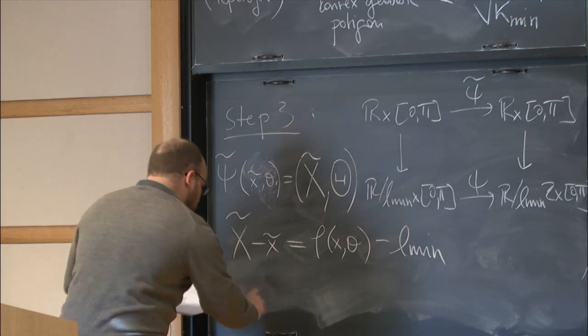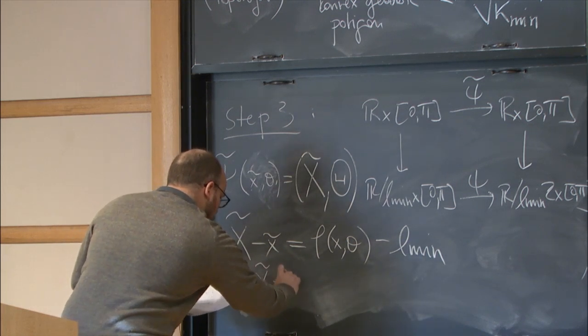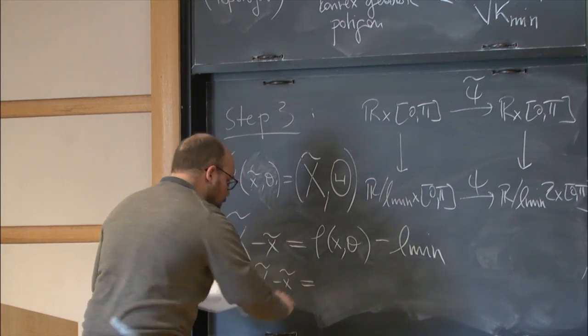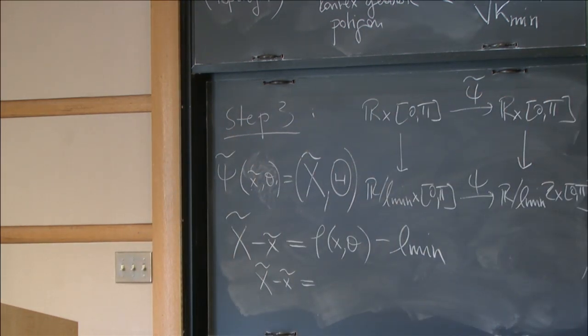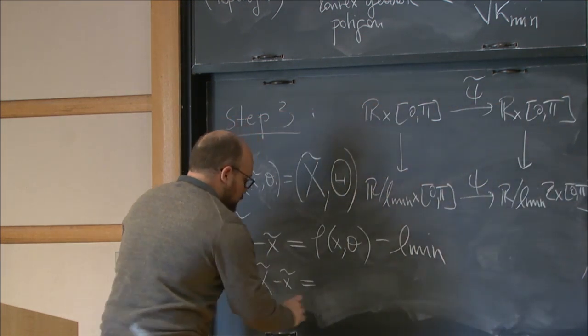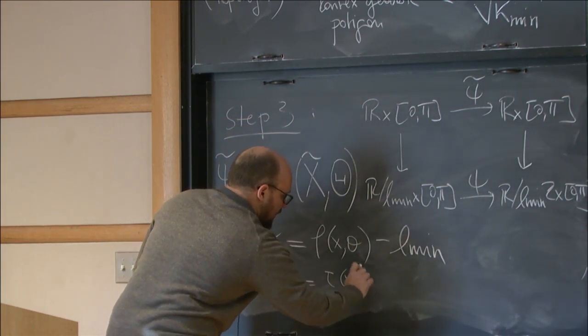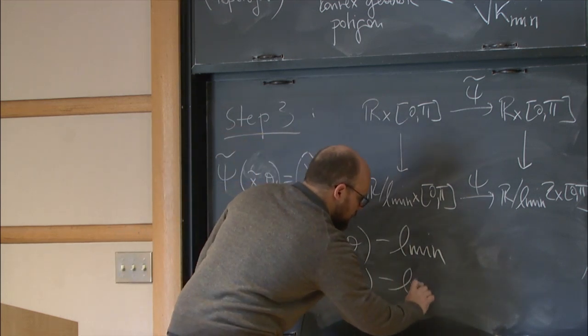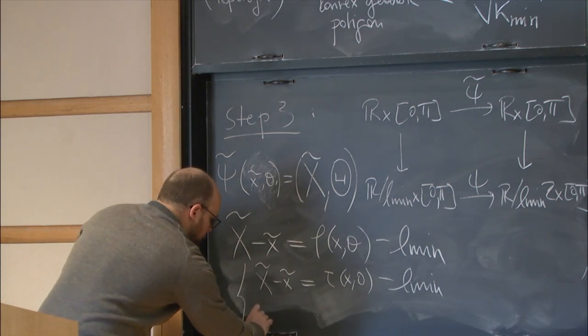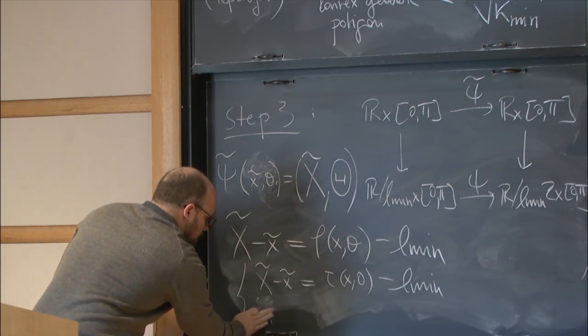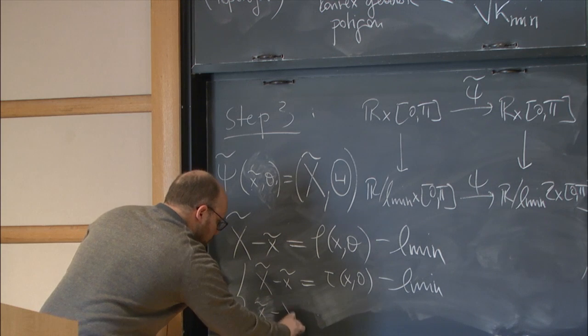So this means that for the lower boundary component, we had this expression of rho equal to the return time, the time to the second conjugate point. So this is going to be time to second conjugate point minus L mean. That's for one boundary component. For the other boundary component, you get the minus sign here.